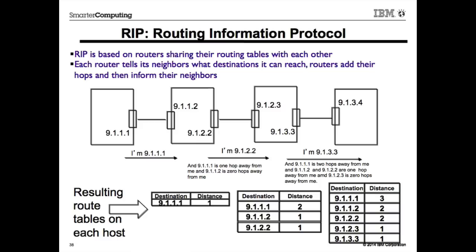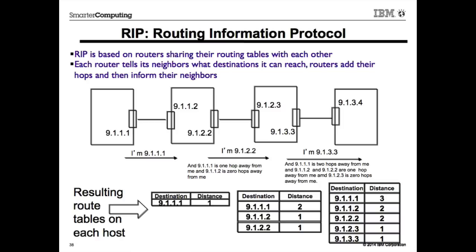Then it tells its neighbors, look, I'm 9.1.2.2, that's my IP address, and 9.1.1.1 is 1 hop away from me, and 9.1.2.2 is 0 hops away from me. So that causes the third host to add to his routing table, where he adds the distance, so now he's got a route saying 9.1.1.1 is 2 hops away, and the other 2 IP addresses are 1 hop away.